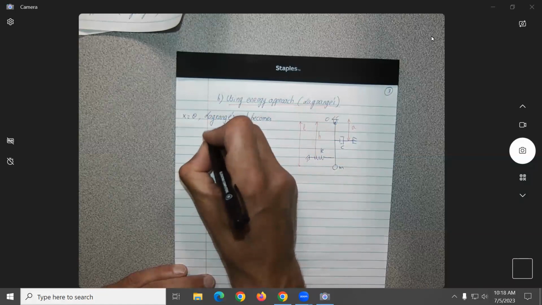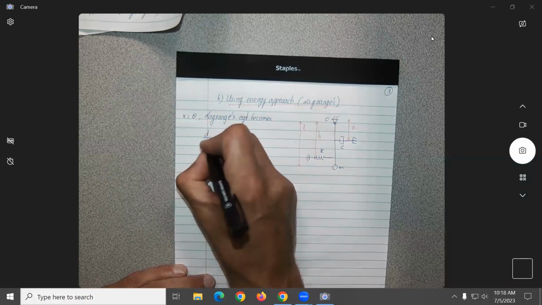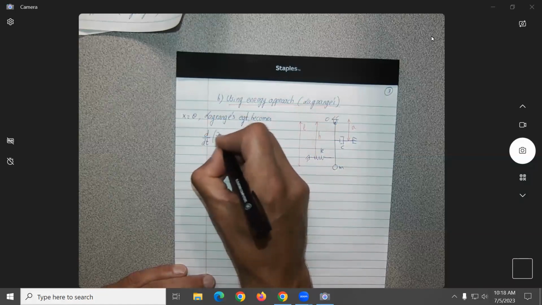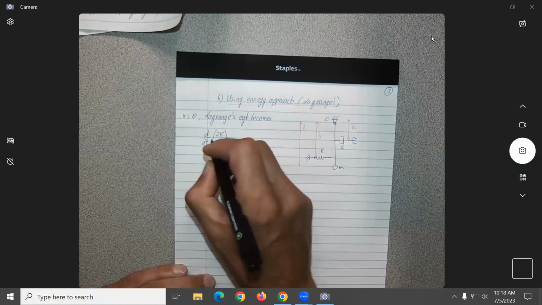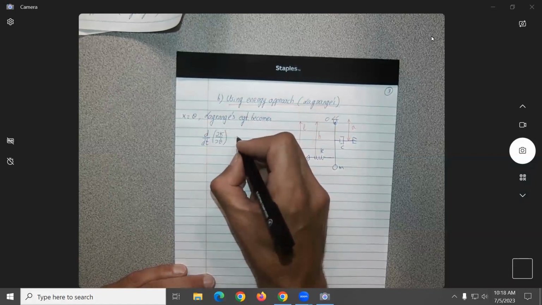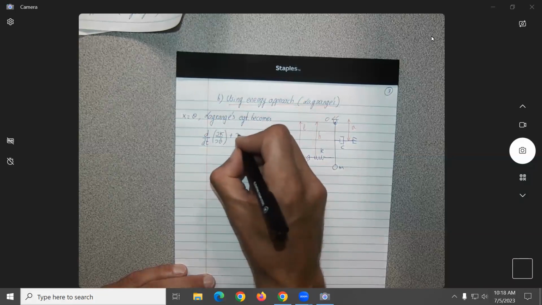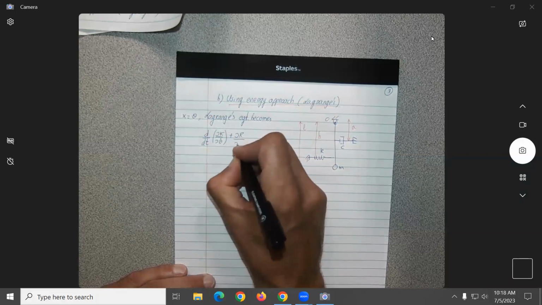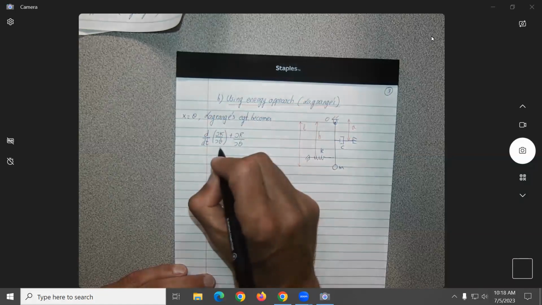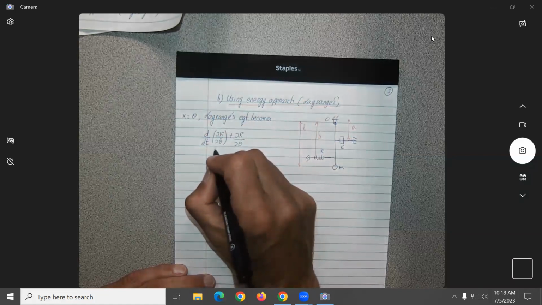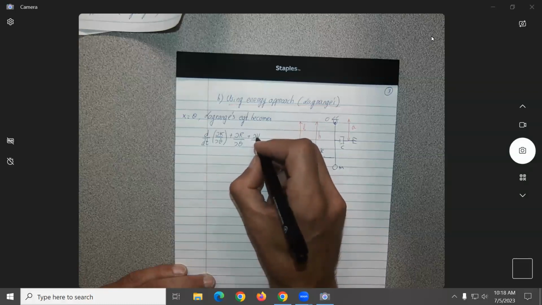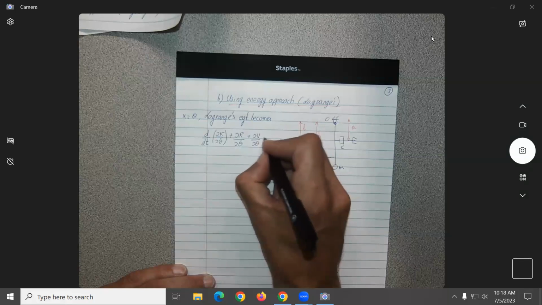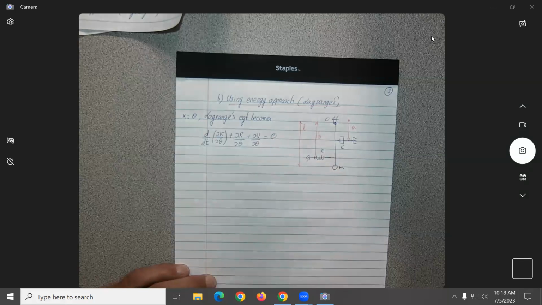We have d dt partial K partial theta dot plus partial R partial theta dot plus partial V partial theta will be equal to 0.